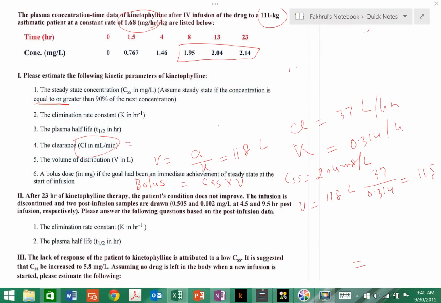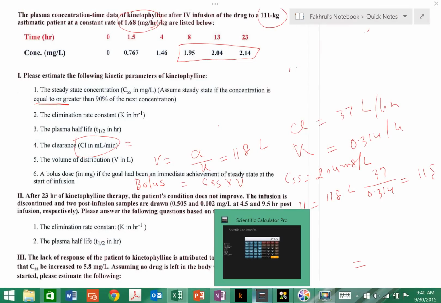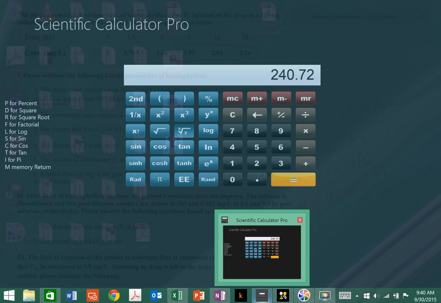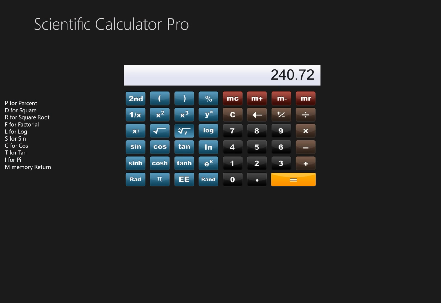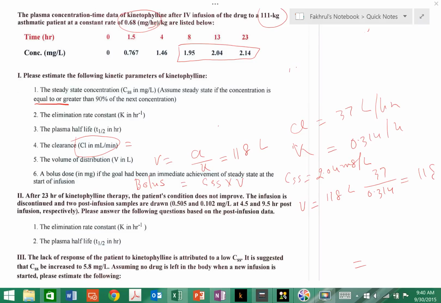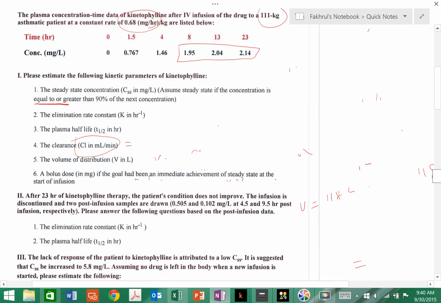So your bolus dose would be 241. So let's clean this up again. So we are done with this part.